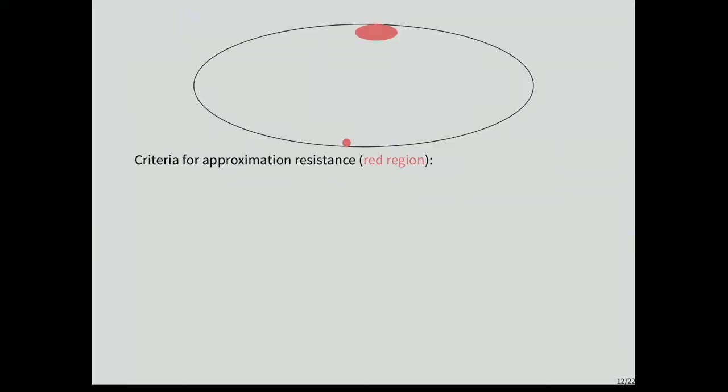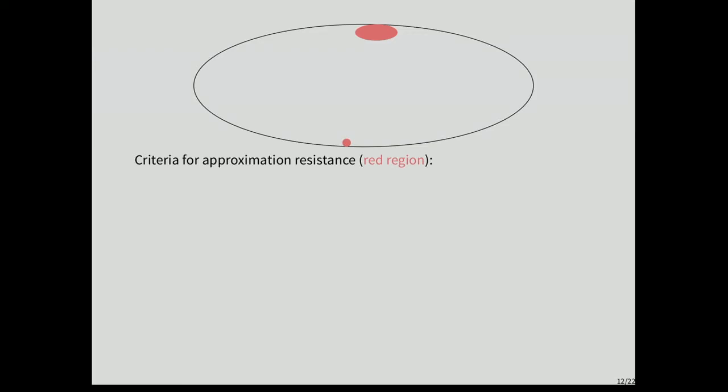Okay, and here's what is known about such CSPs. Here I have a big ellipse, and the red region represents some CSPs that we know are approximation resistant based on previous work before 2012. A small fraction of CSPs have been classified as approximation resistant.